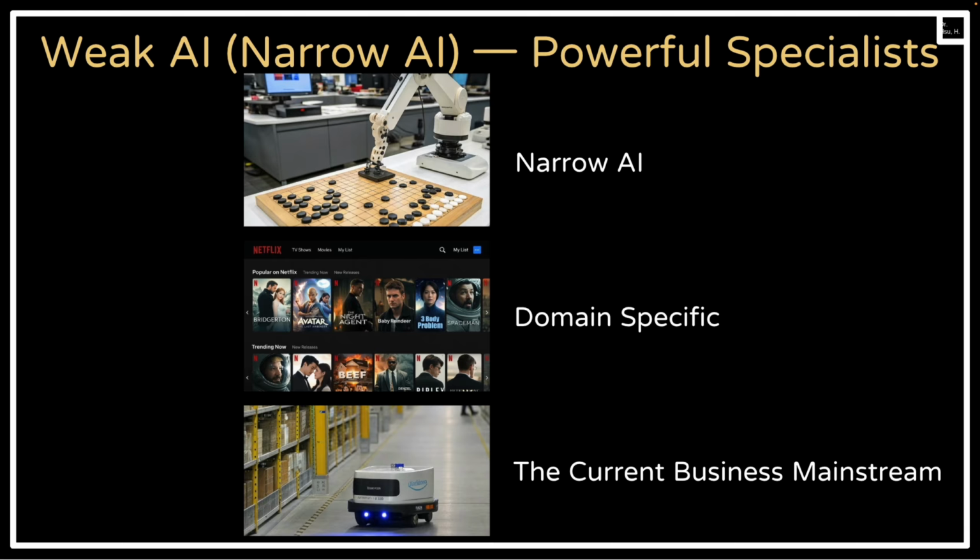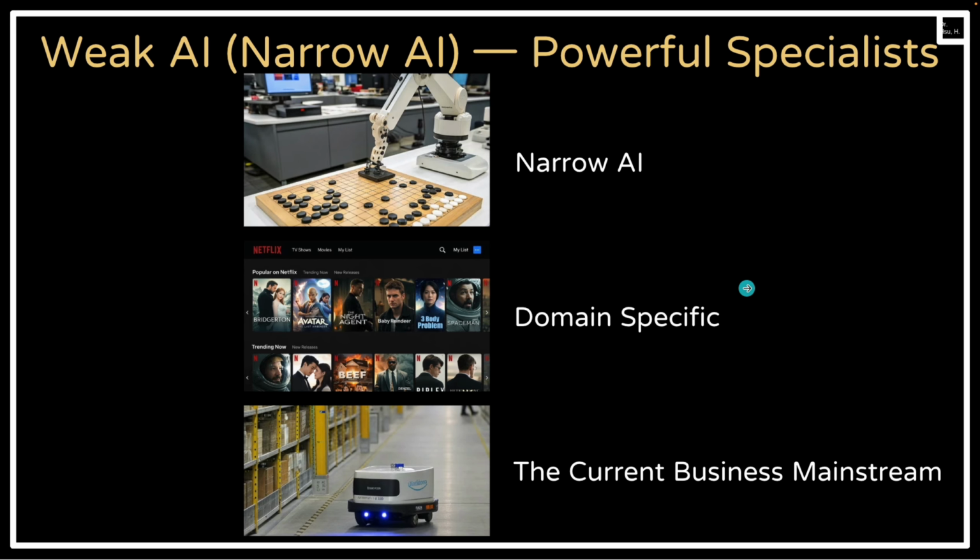These three examples look very different, but they all illustrate the same concept, narrow AI. This is why the text on the right side matters. Domain-specific and the current business mainstream.